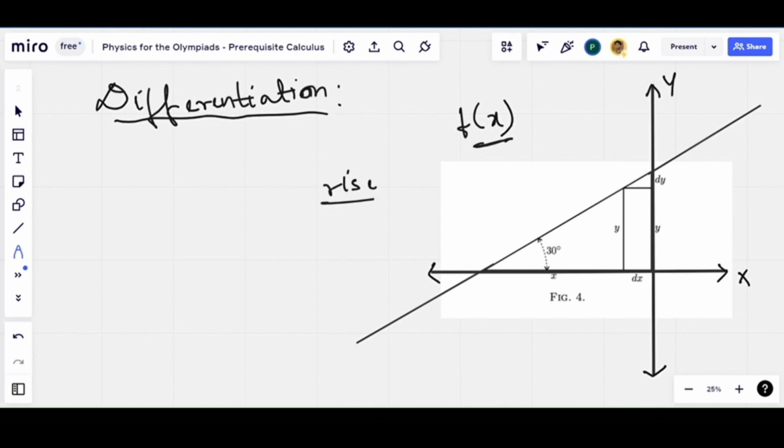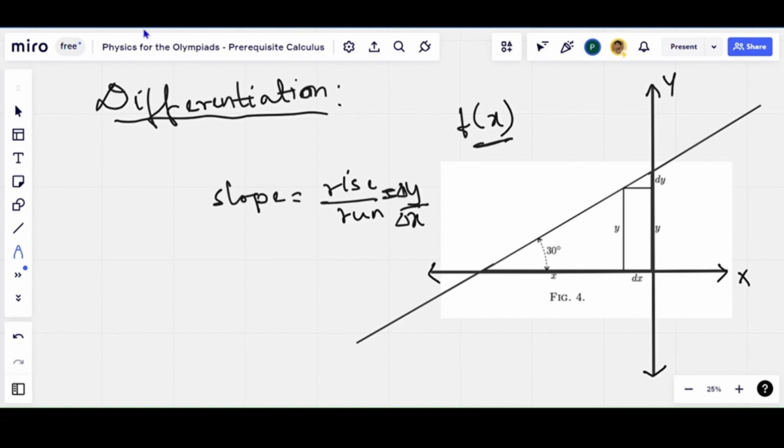To find the derivative of this function, we use this slope in a very efficient manner.